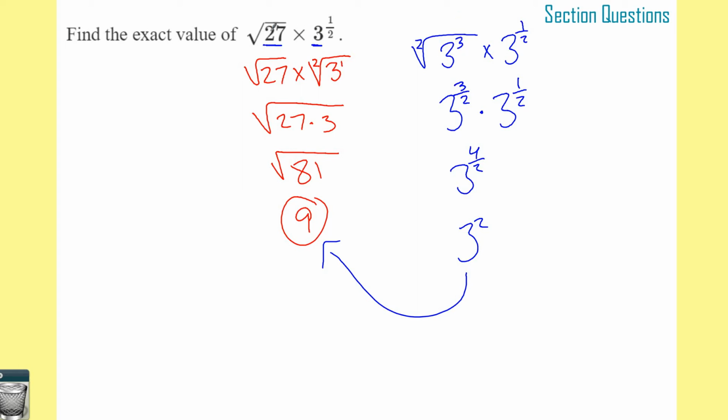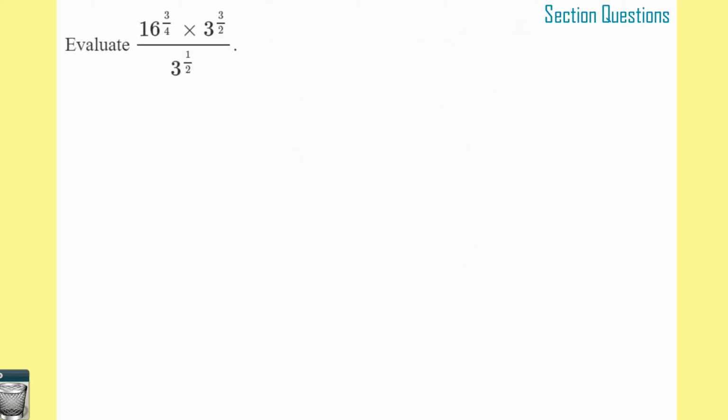Okay, so if they're in the same radical, super easy, put them under the same thing, combine them. But if they're not, make them the same base, right? Okay, so let's do this one. All right, so we want to evaluate what we can do here.